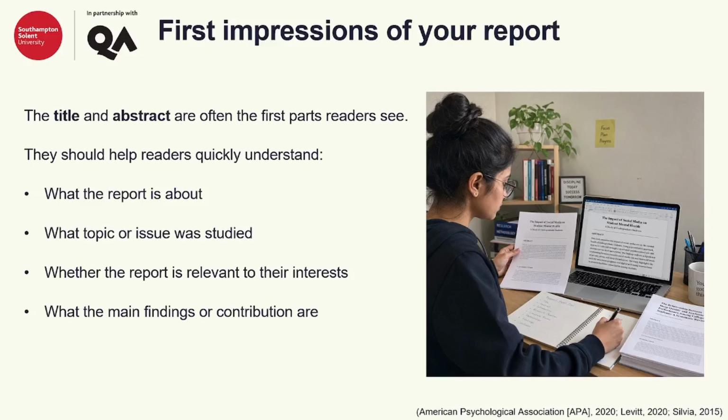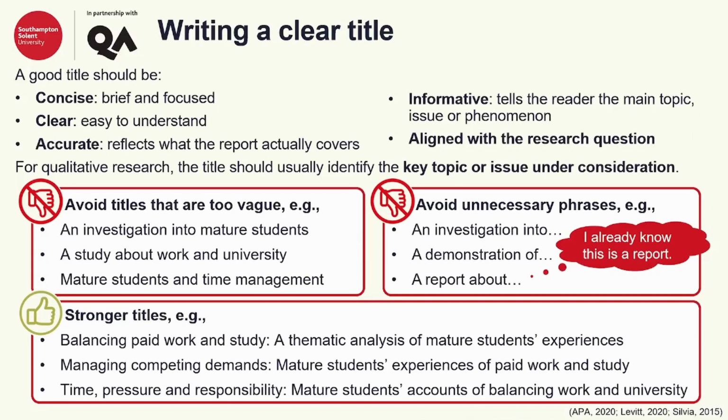The title and abstract should therefore not be treated as minor details added at the end without careful thought. They are brief sections, but they represent the whole report. So let us first consider how to develop an effective title.